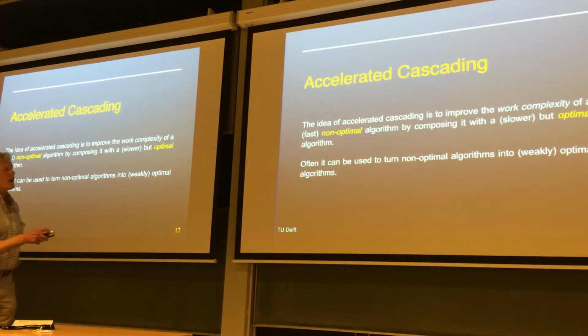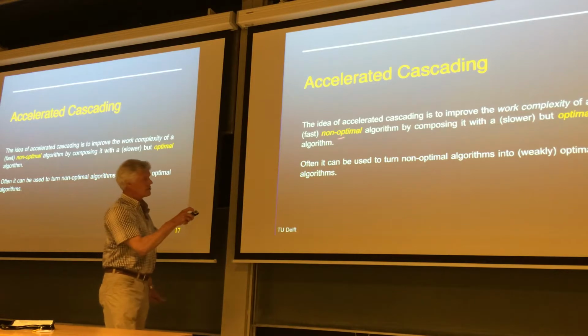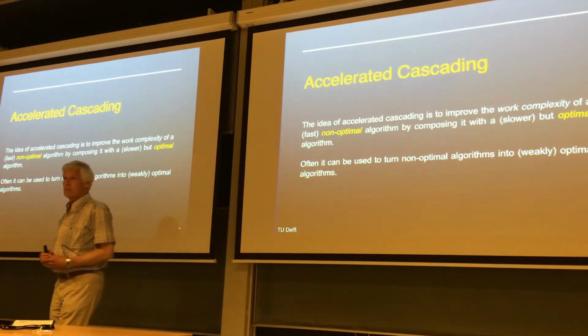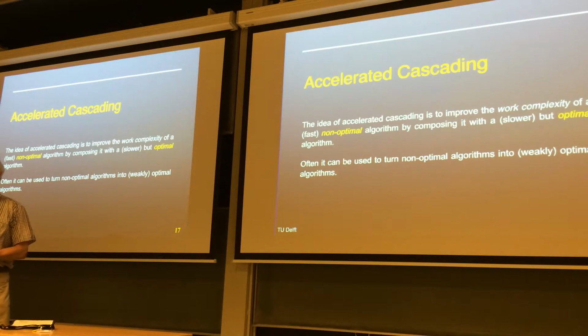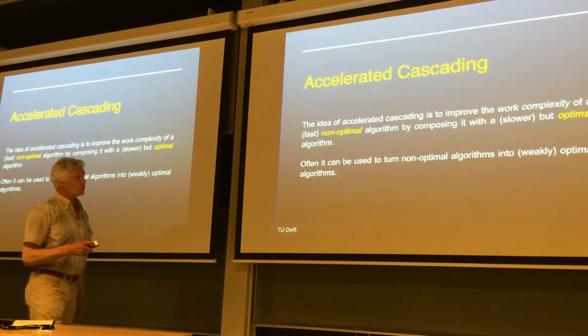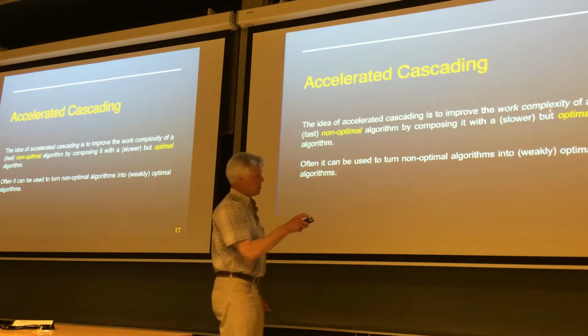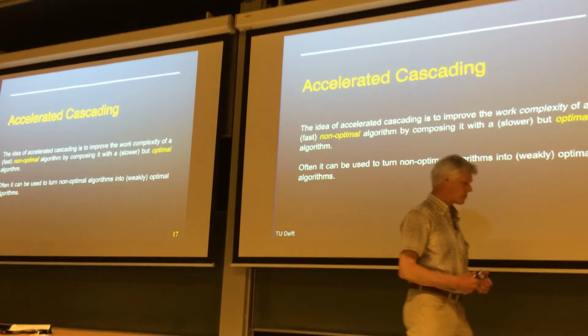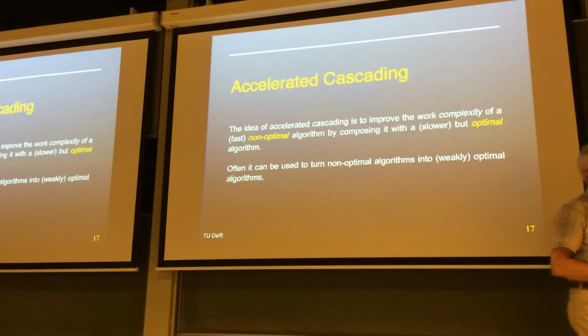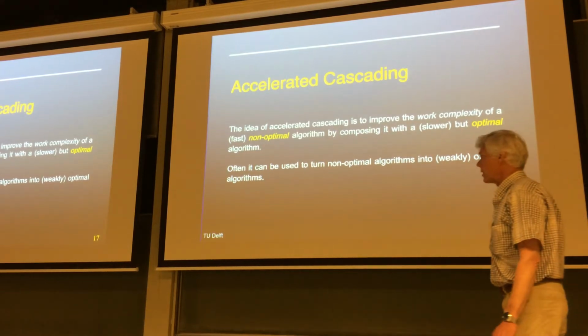Suppose that you have an algorithm that's fast but non-optimal. So time is okay, work is not okay. You have another algorithm that is optimal, so it uses the right amount of work, but it is slower. And now you would like to come up with a technique to improve both aspects, a faster algorithm that is optimal, or weakly optimal, I should say.